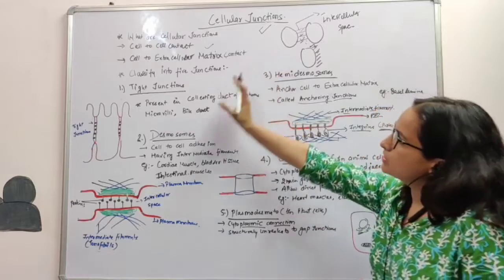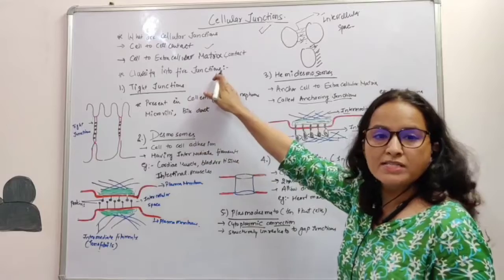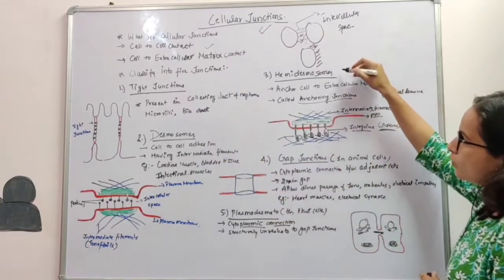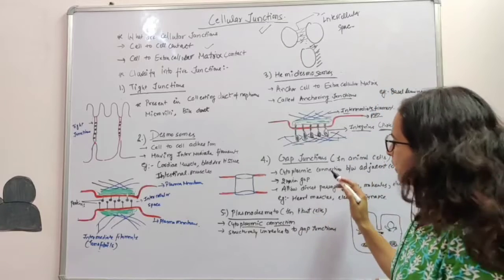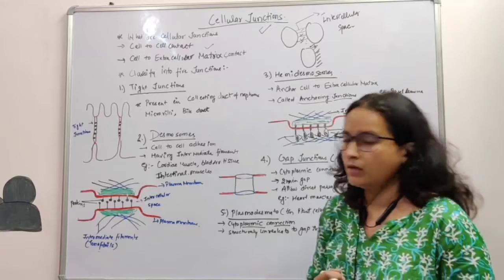So these cellular junctions we can classify into 5 junctions. First one is the tight junction, second is desmosomes, third one is hemidesmosome, fourth one gap junction, fifth one is the plasmodesmata.